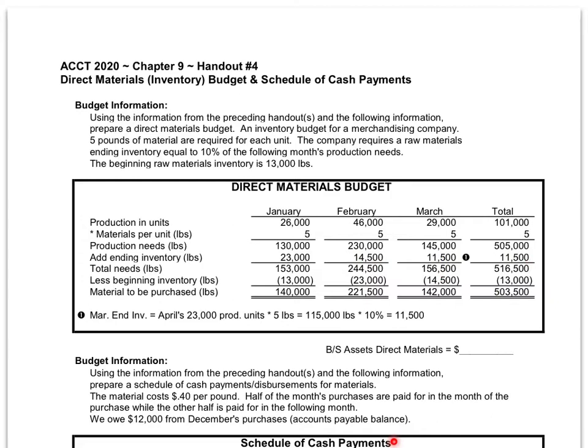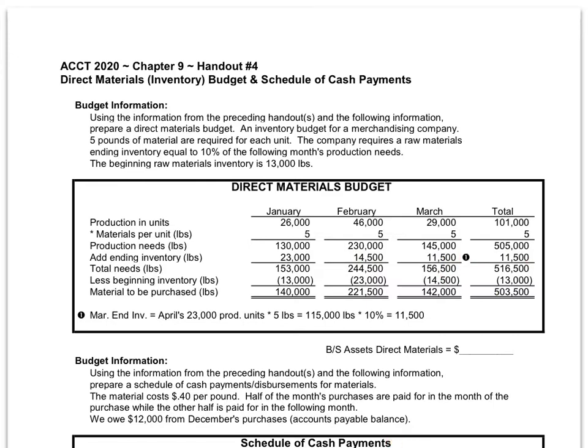Now, as far as what will be on our balance sheet for direct materials inventory, we can calculate that because we know that my ending inventory in terms of material is going to be 11,500 pounds.